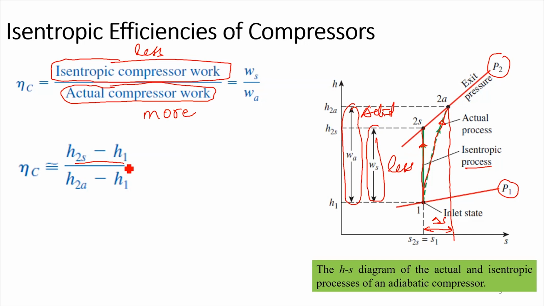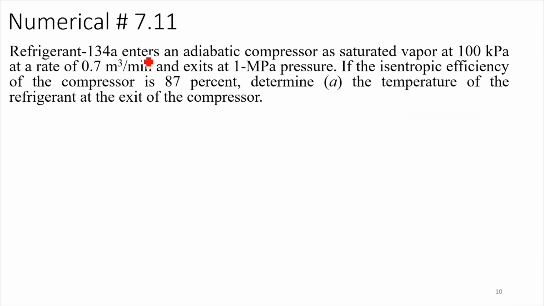The H2S minus H1 is the isentropic work, and H2A minus H1 is the compressor work. We have placed the difference such that we have positive quantities on both ends. So refrigerant R134A enters an adiabatic compressor as saturated vapor at 100 kilopascals.